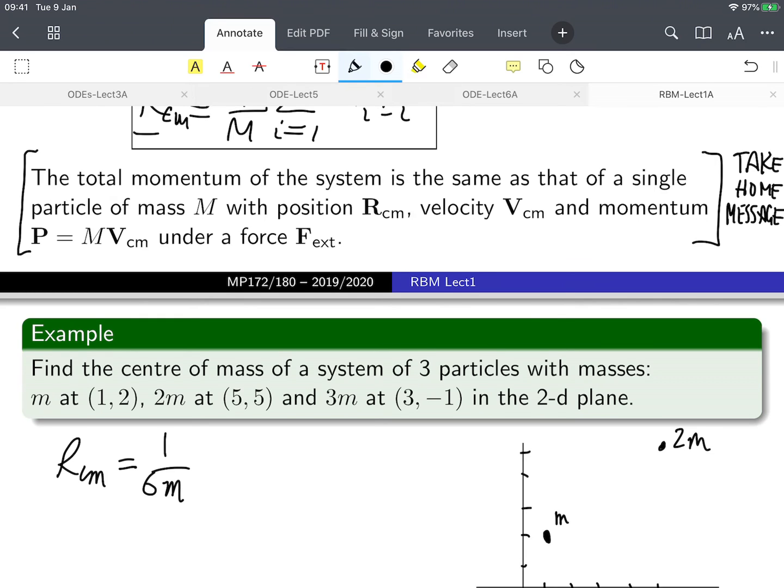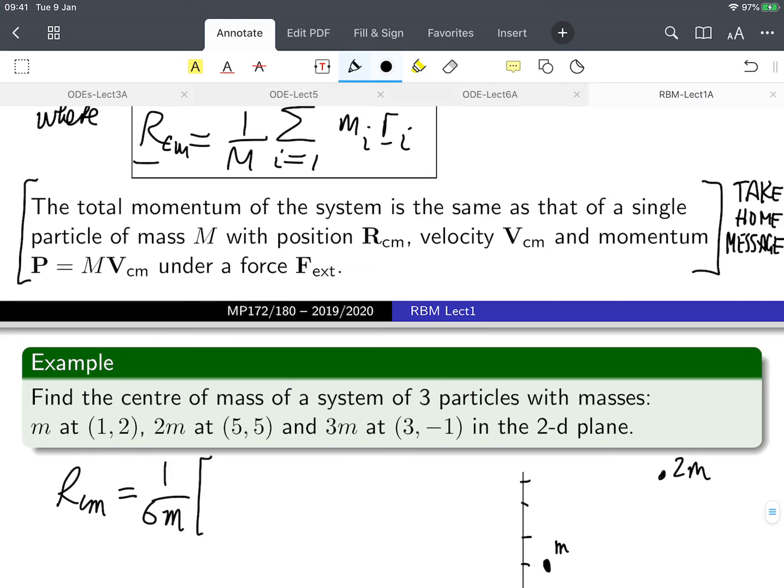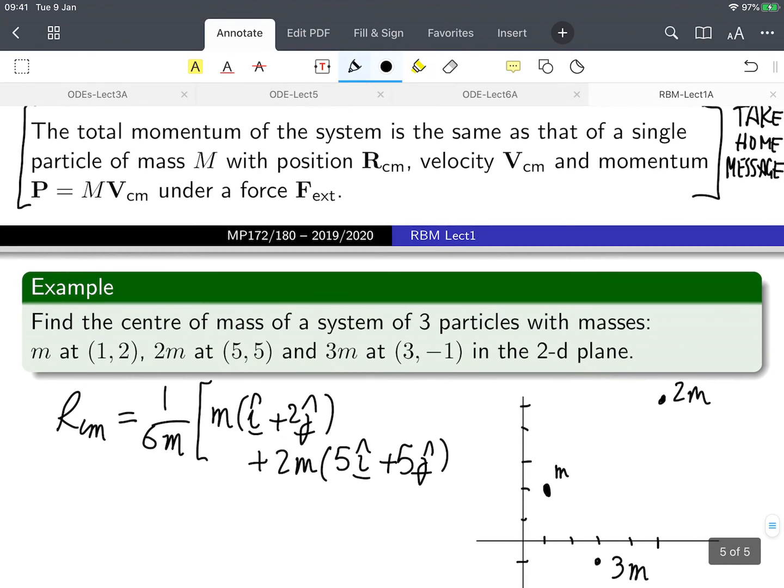And then the first mass m1 is m, first position i plus 2j, second mass is 2m, second position 5i plus 5j, third mass is 3m, third position, voila.